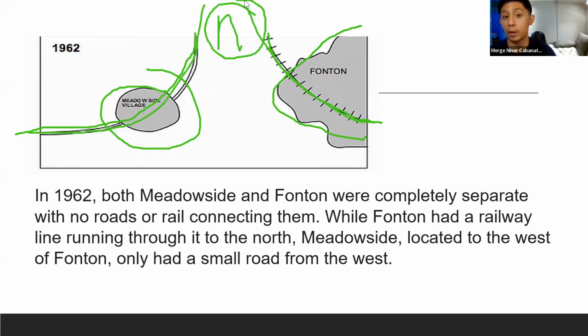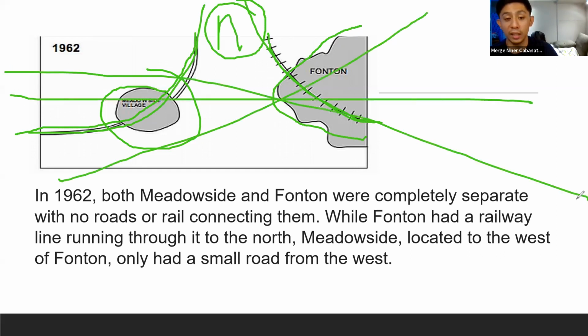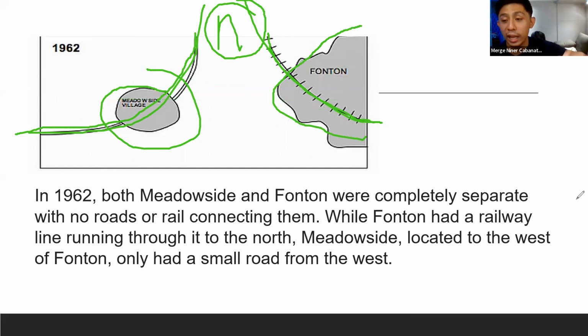North is the upper part. They don't have any connections. They don't have anything to connect them with. They only have those railway and small road as means of transportation. Meadowside is located in the west, whereas opposite is the location of Fontan.